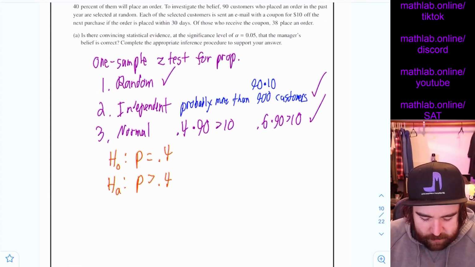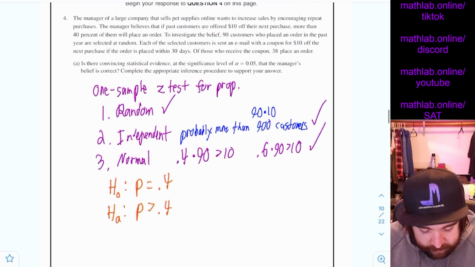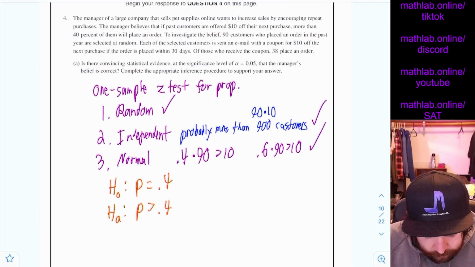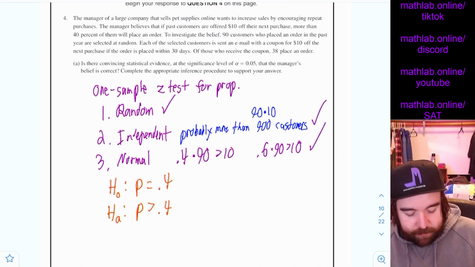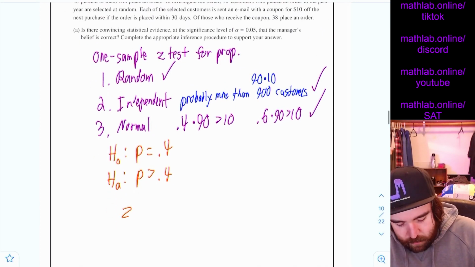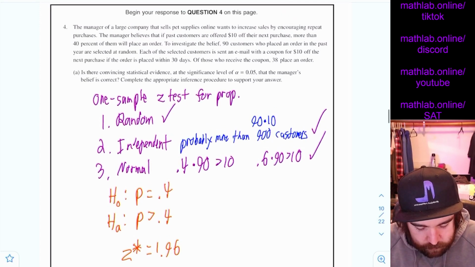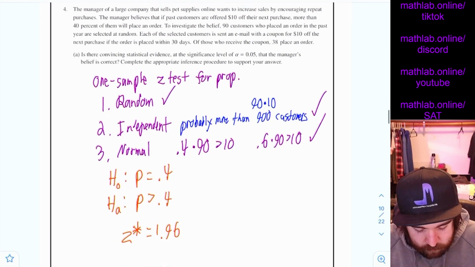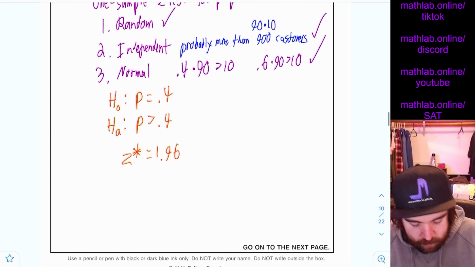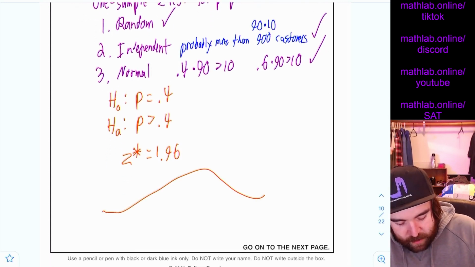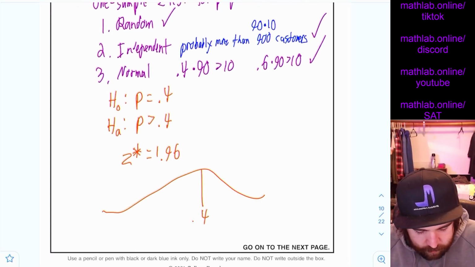I don't remember. I mean, I can do the calculation. So what is the calculation? It's using 5%, so that means our Z star is 1.96. And he just wants to think that it's greater, so let's draw it out. So we're going to have our mean of 0.4.